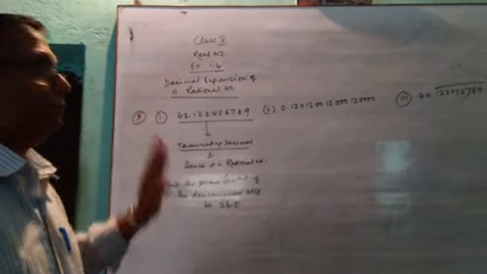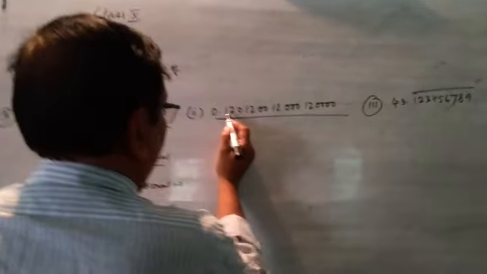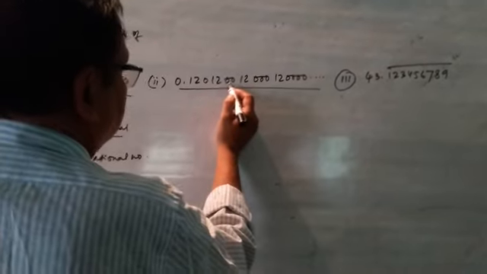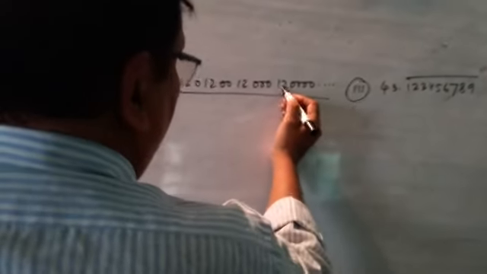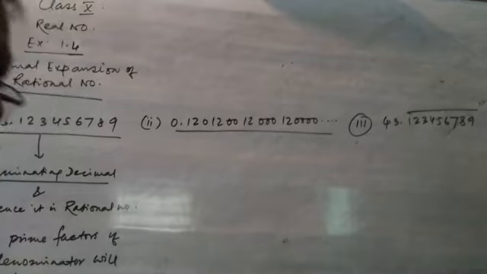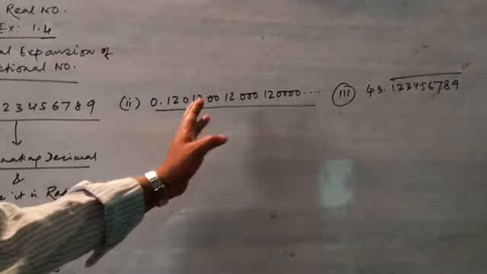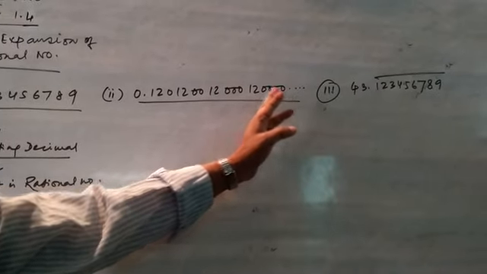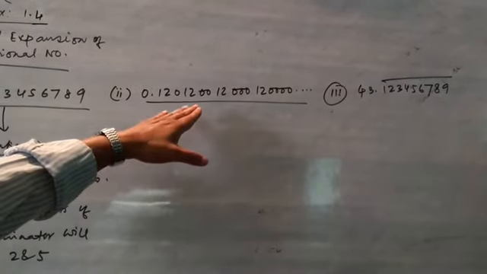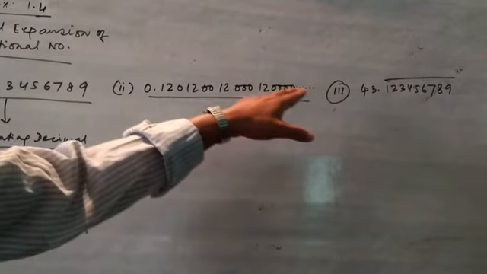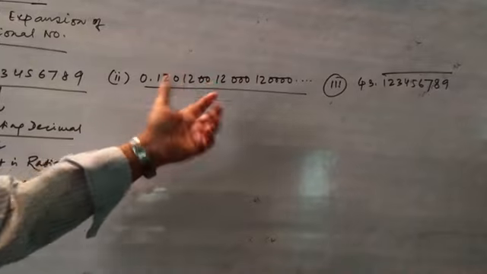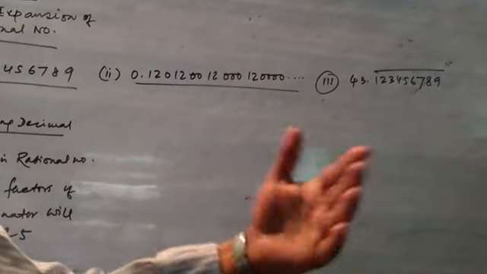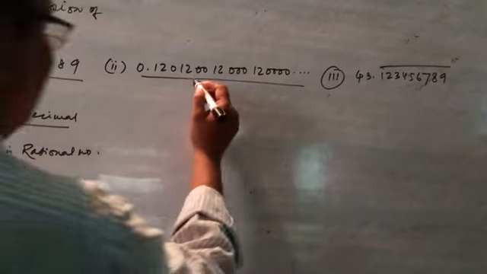Second one, see the number 0.12, 012, 0012, 00012, 000. Is there any dot dot dot sign? Yes, there is. Can you put any recurring marks over any digit after the decimal places? No, we cannot, because the digits appearing after the decimal place are not following any sequence. So what we can say?